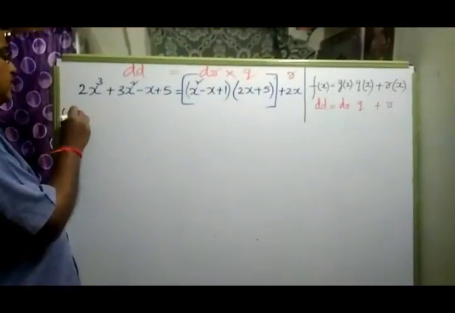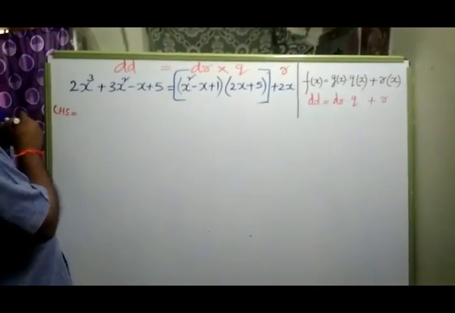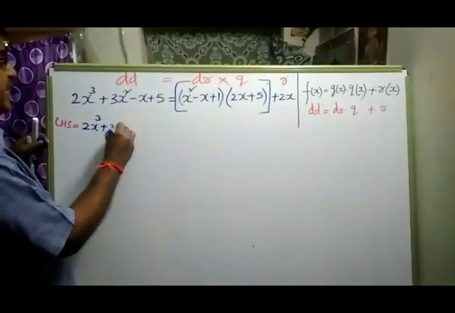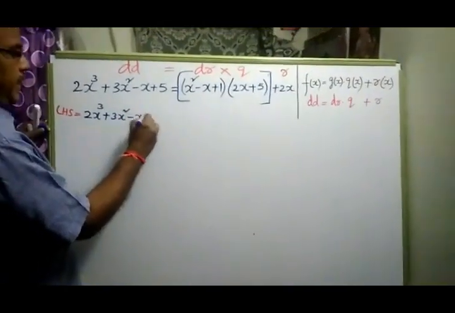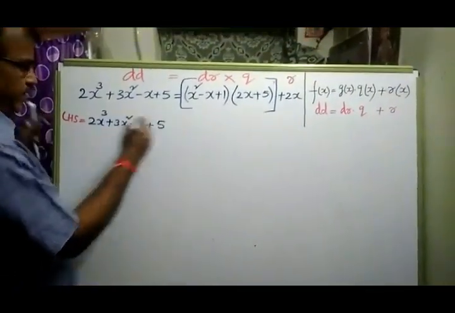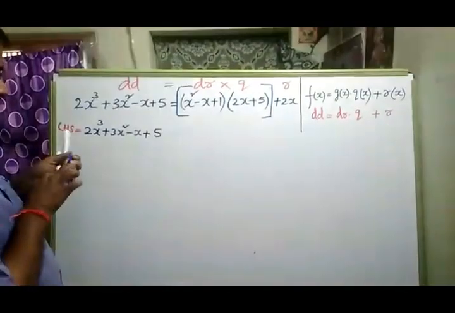LHS is equal to 2x cube plus 3x square minus x plus 5. This is LHS.